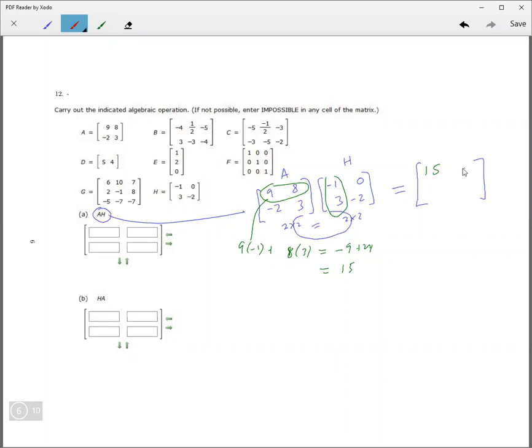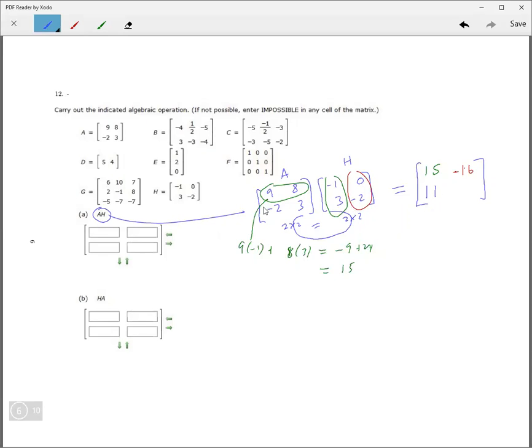Now this entry, it's also going to be the first row, but the second column this time. 9 times 0 is 0, plus 8 times -2, that's -16. And this entry here will be this row times this column. So -2 times -1, that's +2. And then 3 times 3 is 9. So 2 plus 9 is 11.